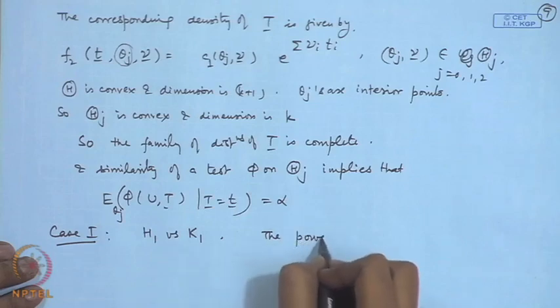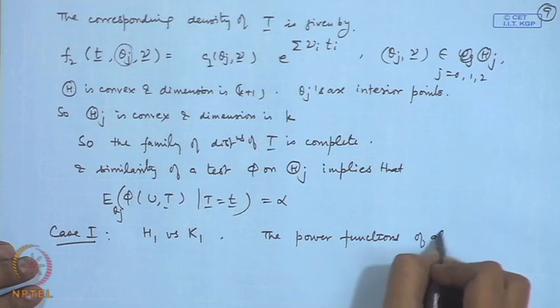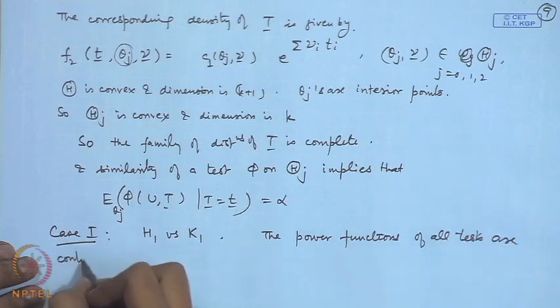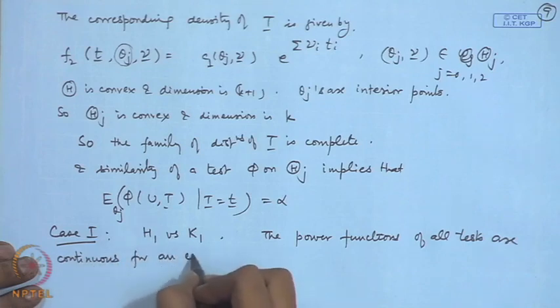Since we are dealing with exponential families, the power functions are basically bounded, therefore integrable functions, and therefore the expectations of the test functions must be continuous. Let me give a general statement: the power functions of all tests are continuous for an exponential family.